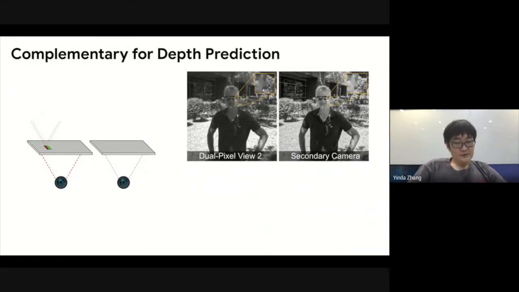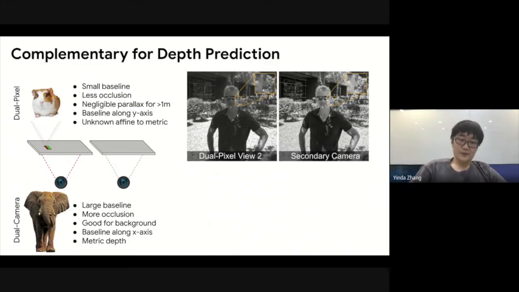Then we want to design a system to leverage both of these two inputs, the dual pixel and the dual camera, for depth prediction. The reason we want to do that is that these two sources of information really provide complementary depth information.